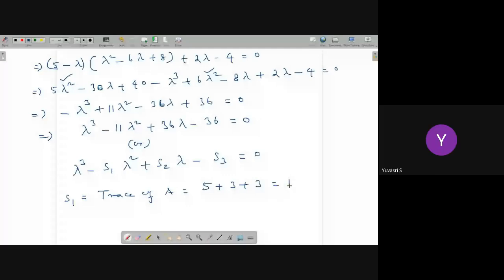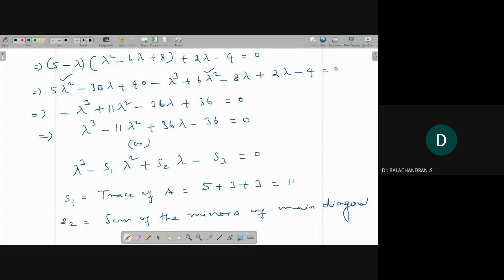And then S2 is the sum of the minors of the main diagonal elements of A.